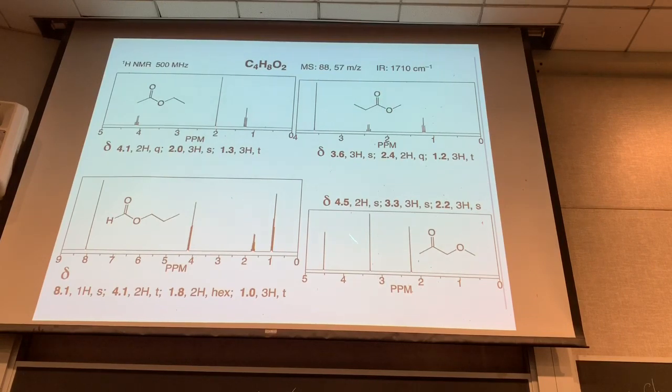But you can tell all these apart, right? You see the triplet and quartet here for the ethyl group right there, and then a singlet for the methyl right there for that ester. That's certainly distinct from this one, right? And then we have this formate ester right here, this propyl group. You see that complex pattern there. There's our multiplet for the methylene right in the middle.